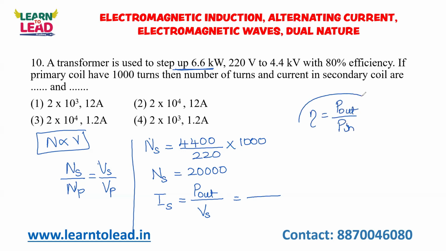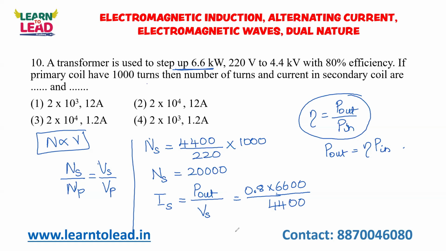Efficiency is equal to power output by power input. Here they have given the efficiency, so power output is equal to efficiency into power input. Efficiency is 80%, so 0.8 into power input 6600 divided by voltage in the secondary 4400. Okay, the zeros will get cancelled, 3 times 2 times. So 0.4 into 3, 1.2 ampere is your answer.